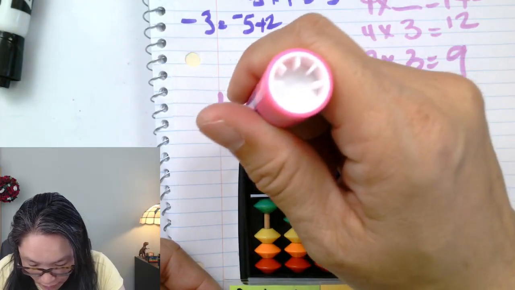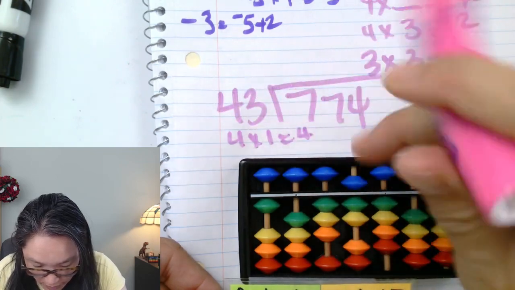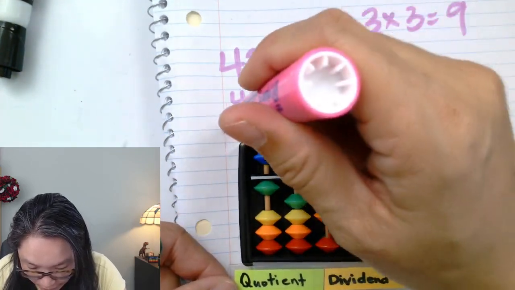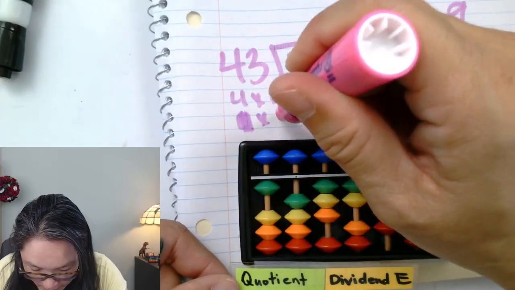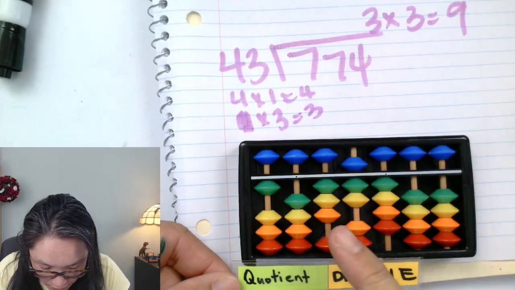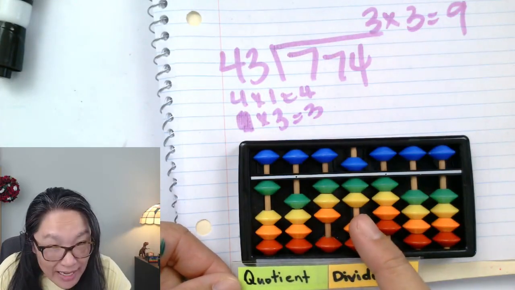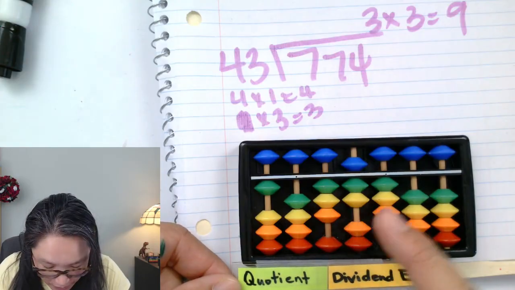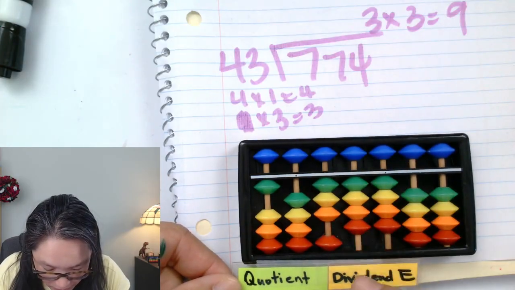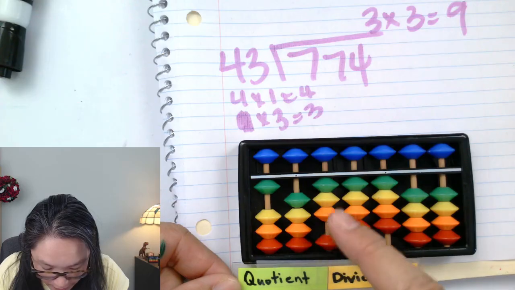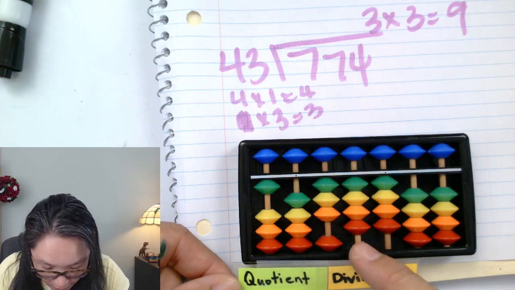And then 1 times 3 is equal to 3. 3 is a single digit. I go back one column and I take away the 3. When I take away the 3, it's minus the 5 plus the 2. Now I'm left with 3, 4, 4.